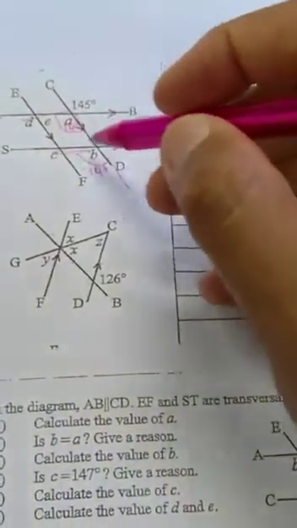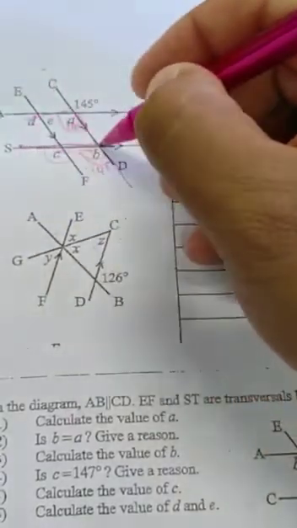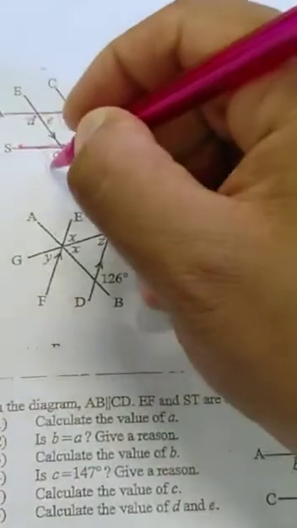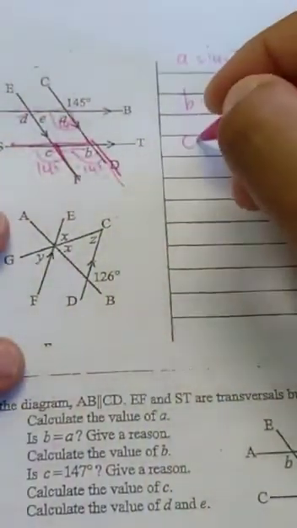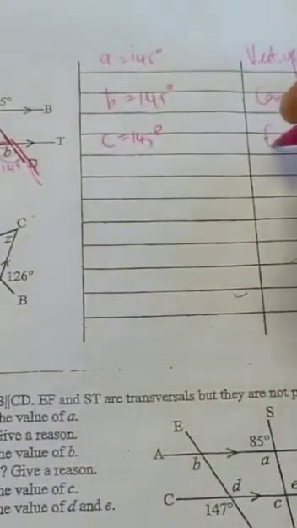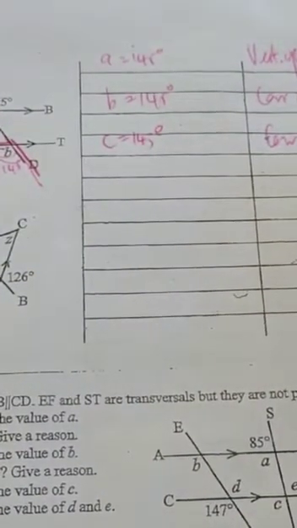C, if you look at C here, C is the same as B, that F is lying this way now. The corresponding angle is lying that way. So that is 145. So C is equal to 145 degrees. Corresponding angles with CD being parallel to EF.